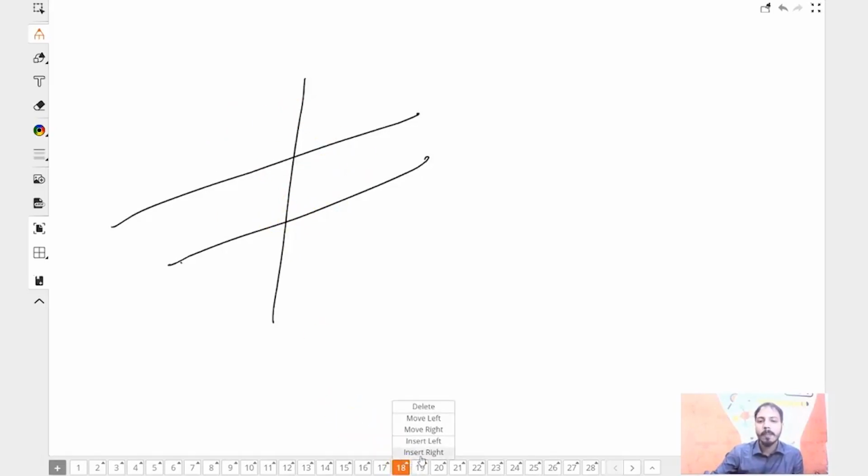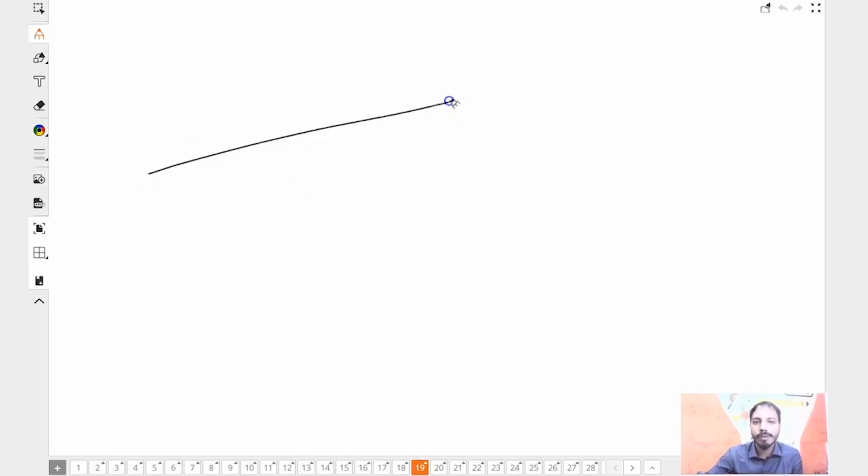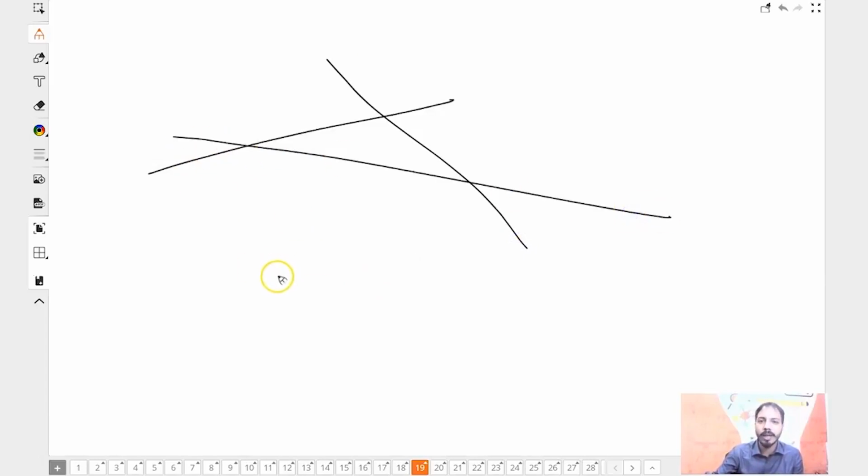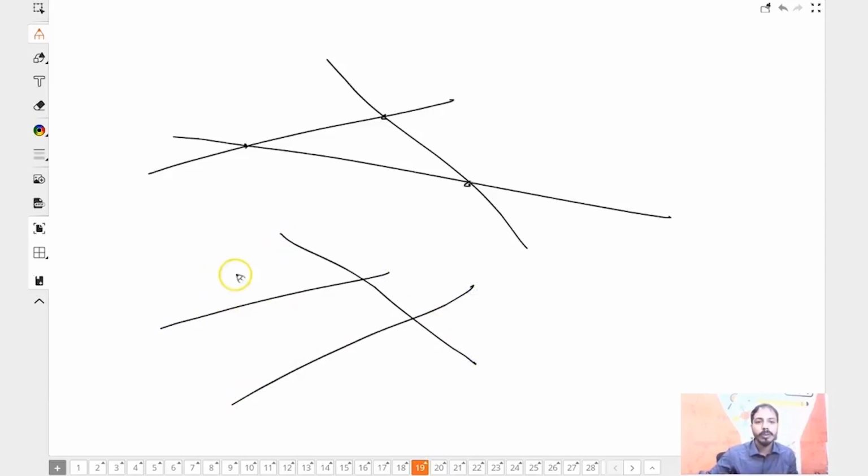Second application: say you have one straight line, the other straight line is not parallel, and the third straight line is also not parallel to either of them, and you get three intersecting points, and these three straight lines form a triangle. Similarly, if you have four straight lines which are not parallel to each other, none of them parallel, you get a quadrilateral.